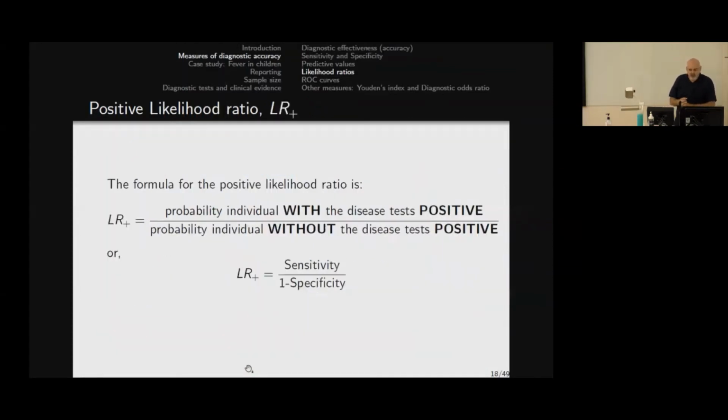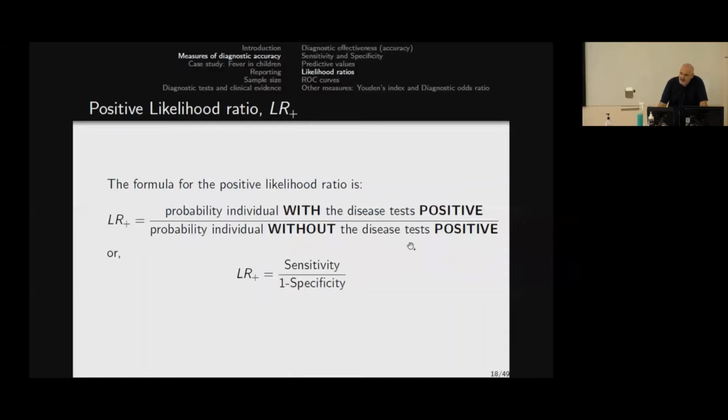Okay, so let's talk about the first one, and this is the one I really like. It's much more intuitive. Now, I don't particularly like this formula. The reason I give you this formula is that it's a very simple way of actually calculating the likelihood ratio. But here, this makes a lot more sense to me. So the positive likelihood ratio is the probability an individual with the disease tests positive, so sensitivity, over the probability of an individual without the disease testing positive.